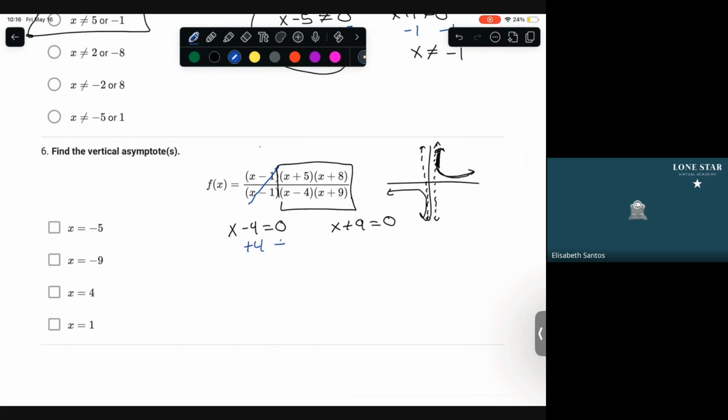This is plus 4, so we get x equals 4. And we subtract 9 over here, so we get x equals -9. And so those are our vertical asymptotes: x equals 4 and x equals -9.